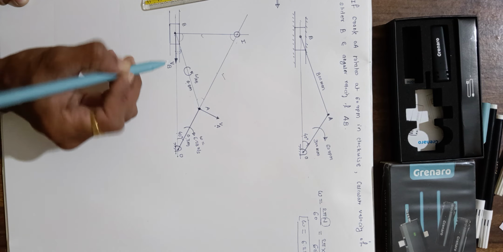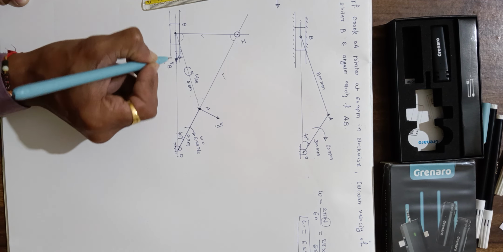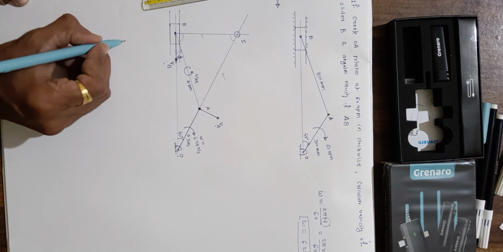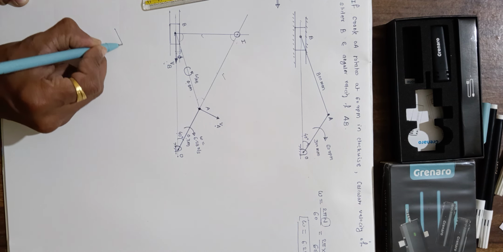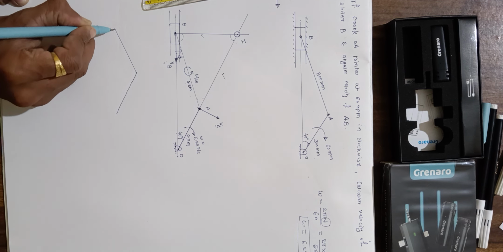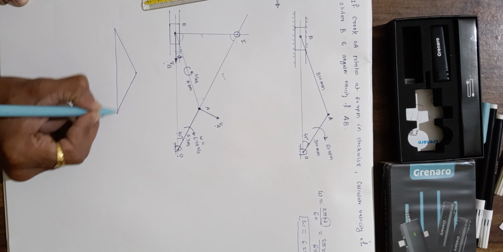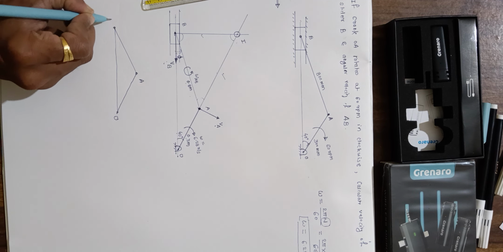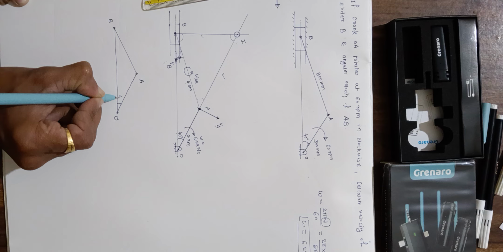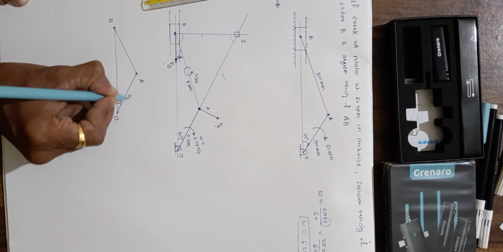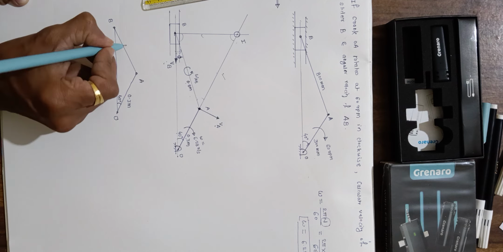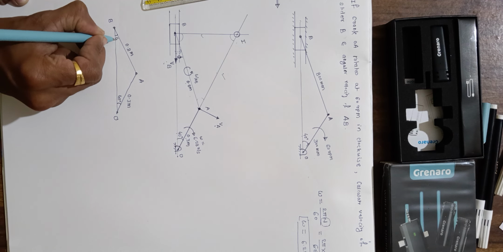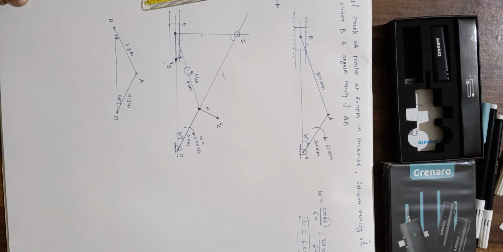So this angle, let us assume it as phi. Now consider this triangle OAB and use the sine rule. In the triangle, this point is O, this point is A, and this point is B. This angle is given, 40 degrees. This is 0.3 meter, this is 0.8 meter, and this is the unknown angle, so let us assume this as phi.